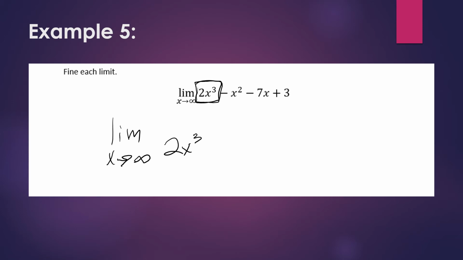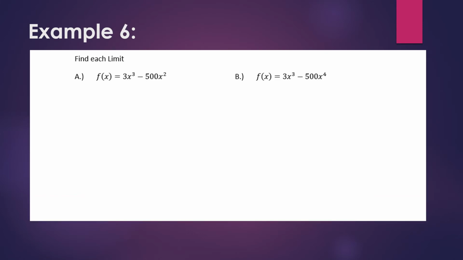Well, I know from the previous theorem that this should be plus or minus infinity depending on the values. And I would argue that this has to be positive infinity. Mainly, we're talking about bigger and bigger numbers, so clearly I'm talking about positive numbers. 2 is positive times a positive number cubed is going to be positive. So as x gets bigger, the function is going to head towards positive infinity.